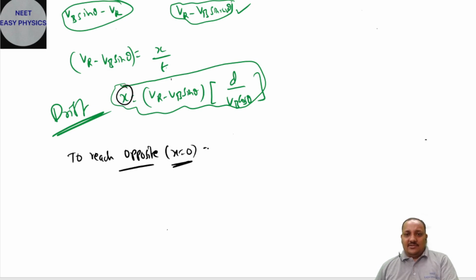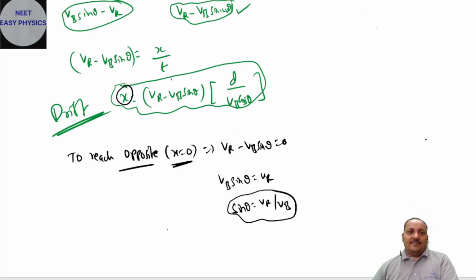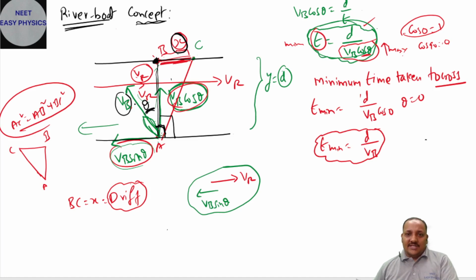If x is 0, what do you get? VR minus VB sin theta is 0. VB sin theta equals VR. So sin theta is equal to VR by VB.